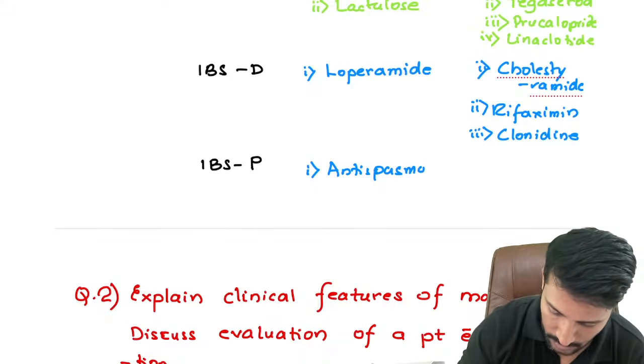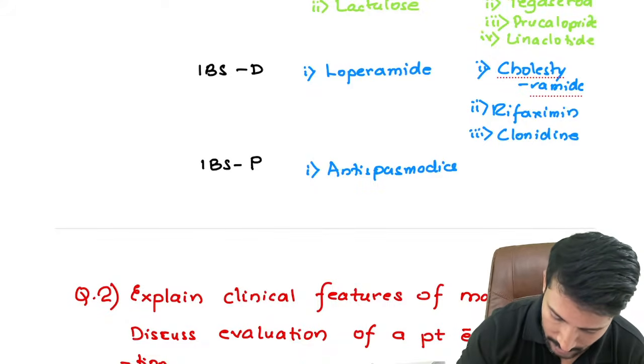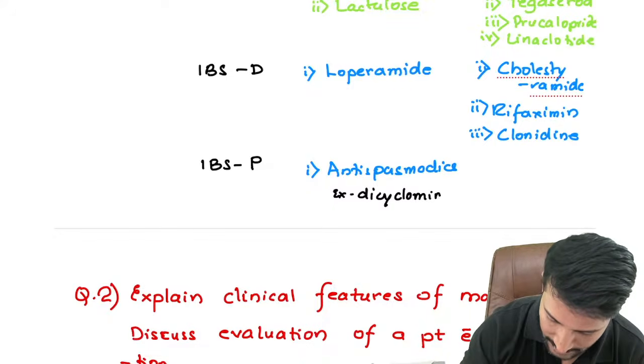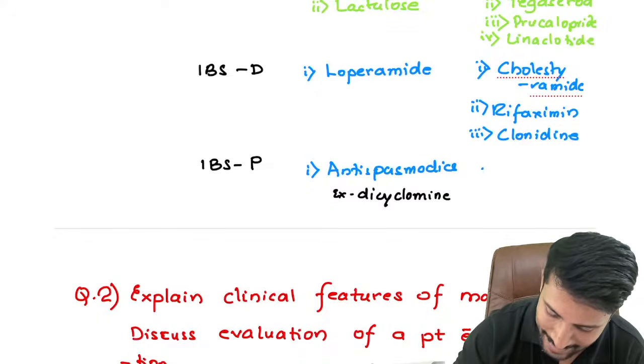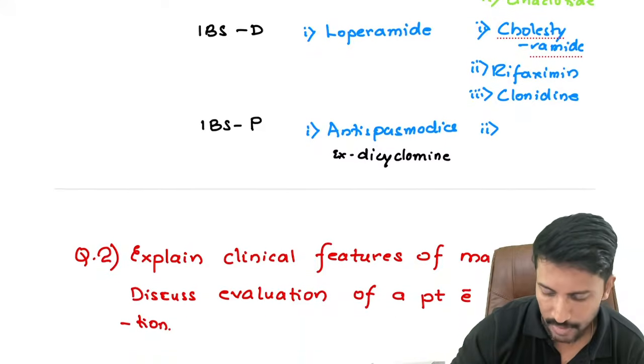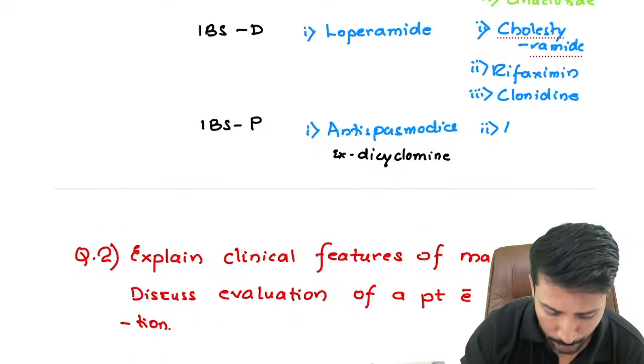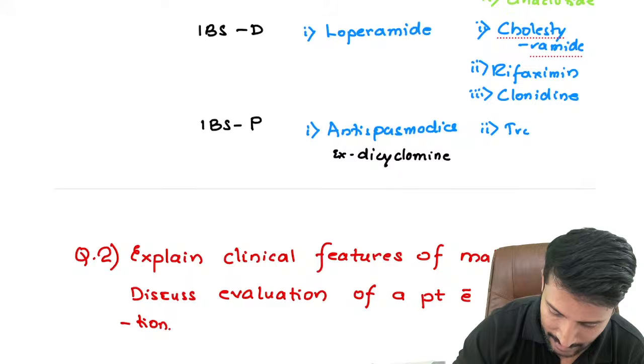If it is pain predominant, as a first line agent we can use antispasmodics, for example dicyclomine. As a second line agent, studies have shown that antidepressants, mainly the tricyclics, can help.